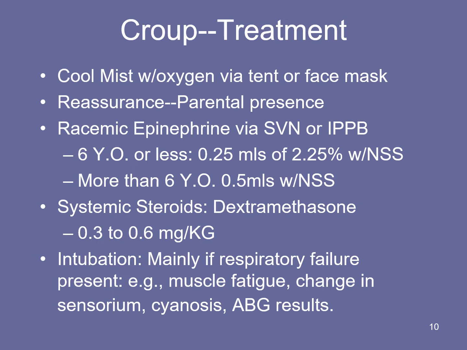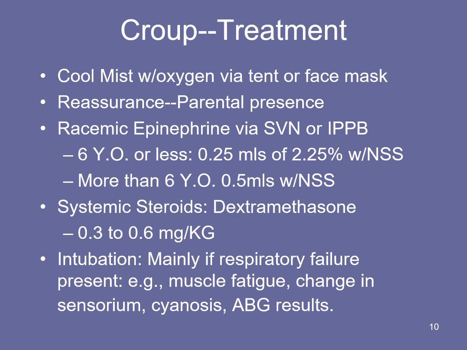the parental presence, racemic epinephrine via small volume nebulizer, or sometimes IPPB. And then there's a little bit of variation in the literature as far as if the patient is given racemic epinephrine, should they be given a half dose? So pretty much universally, epinephrine comes in a strength of 2.25%.